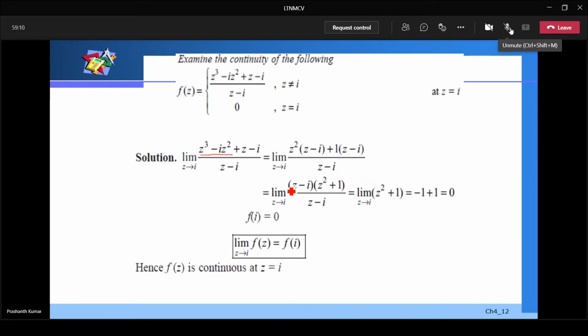So I write z minus i outside: z minus i into z square plus 1. Now z minus i cancels. Limit z tends to i, z square plus 1 is equal to, z square is i square, i square is minus 1, plus 1, 0. So therefore limit z tends to i of f of z is 0.